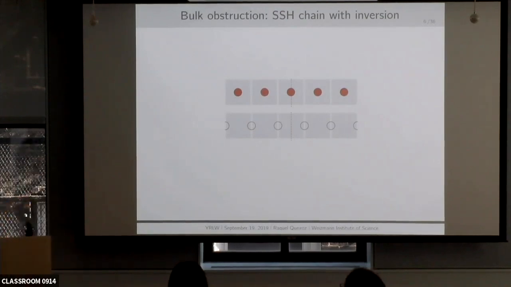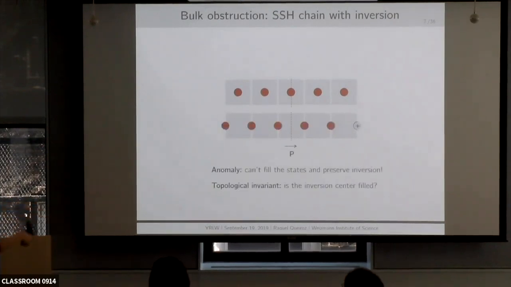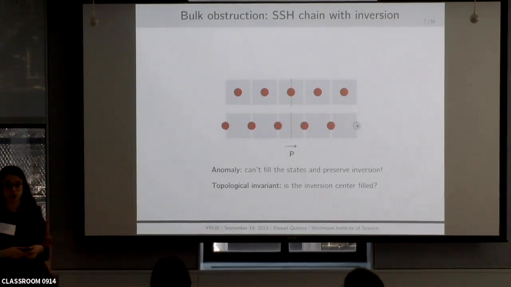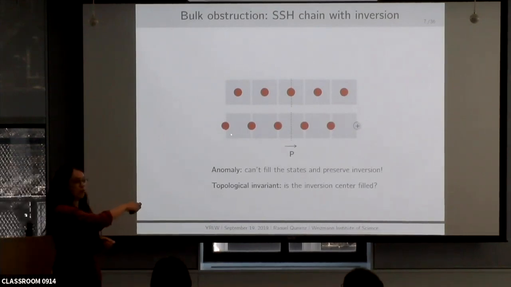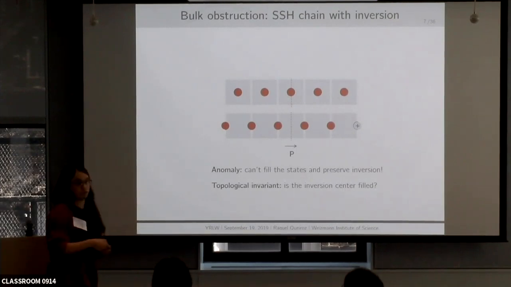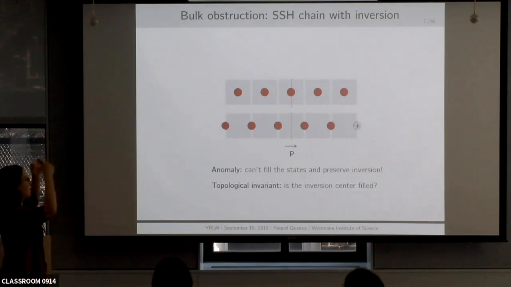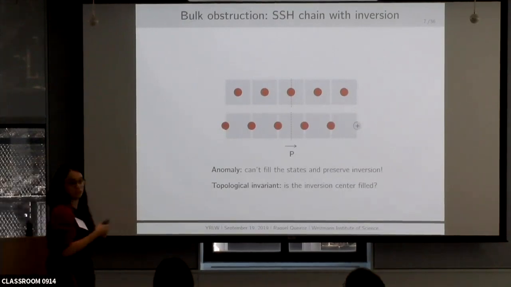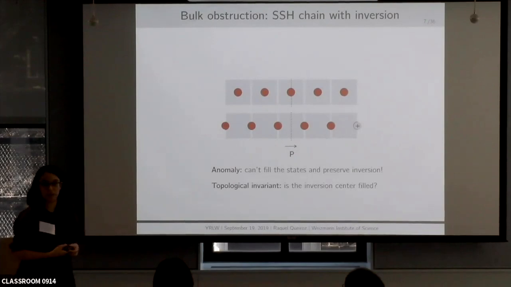However, in the topological case, I can choose whether I fill it on this side or on this side. But in both cases, I'm necessarily going to be breaking inversion symmetry, and I'm going to have an excess of negative charge on one side with respect to the other. This means that I will have a polarization, a quantized value for the polarization as well.